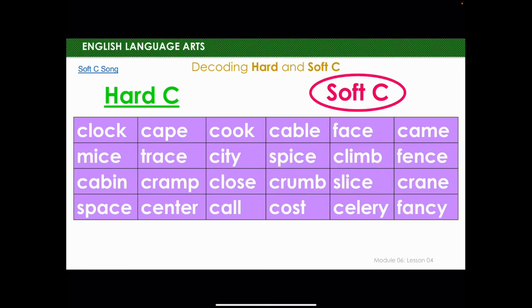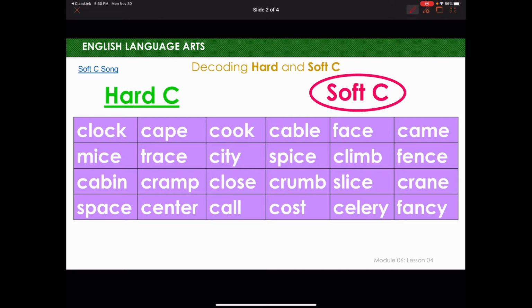All right, we are talking about the soft C sound today. Yesterday we talked about the soft G, which sounds like J, J, J, right? Well, the C has two sounds also. We have a hard C sound, which is K, K, K, like in the word cat or car.